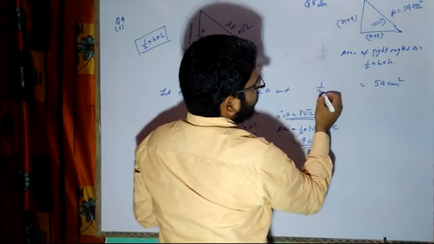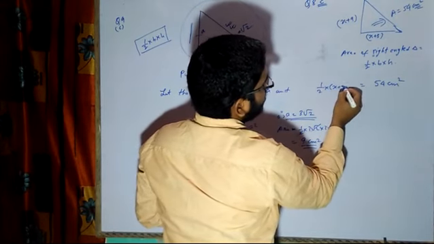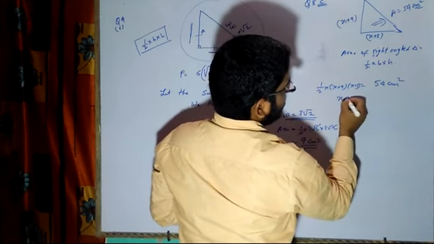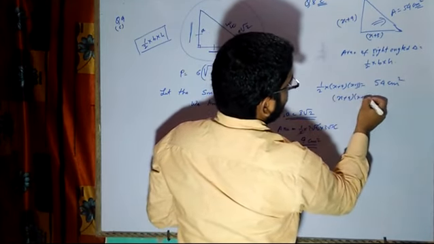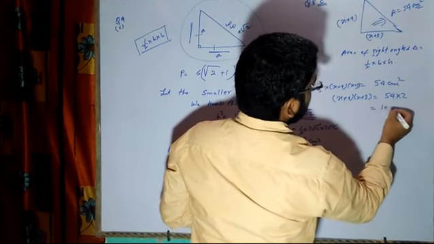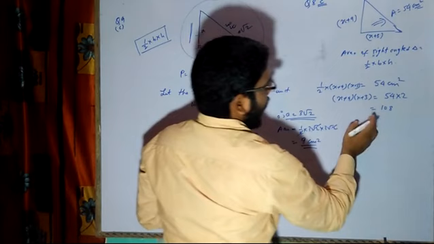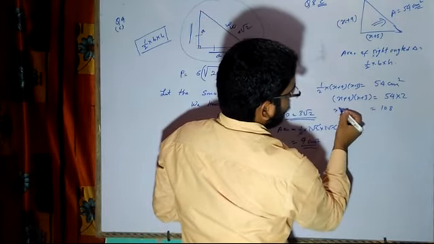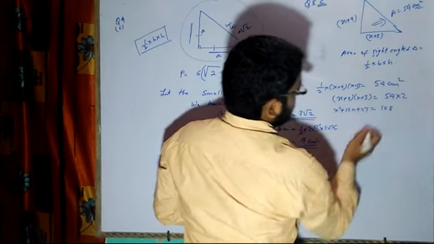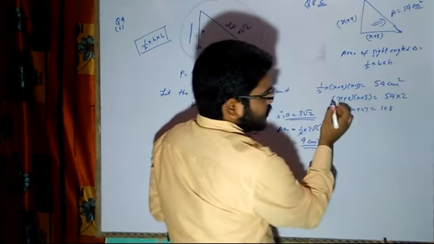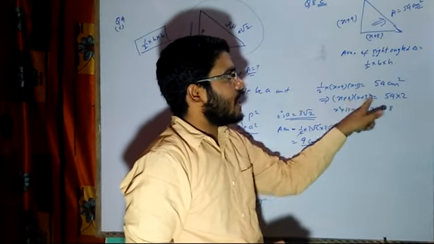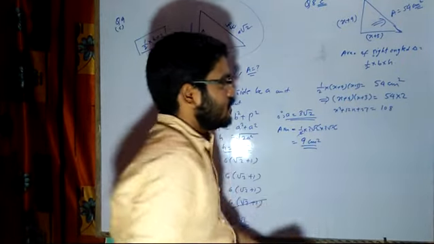Now I can compare: half into base, which is x plus 9, and this is x plus 3. So x plus 9 into x plus 3 is equal to 54 into 2, that means 108, and here it will be x square plus 9x plus 3x, that is 12x, plus 27. After this expansion, I hope all of you know, we have already studied the expansion: x into x is x square, 9x and 3x, then 9 3s are 27.